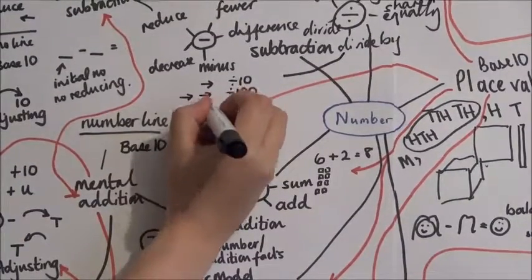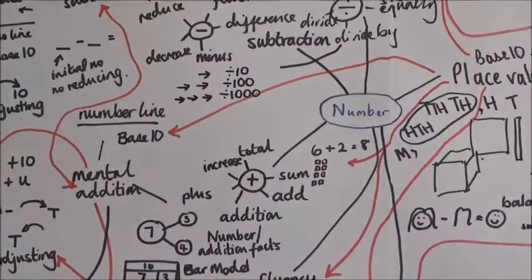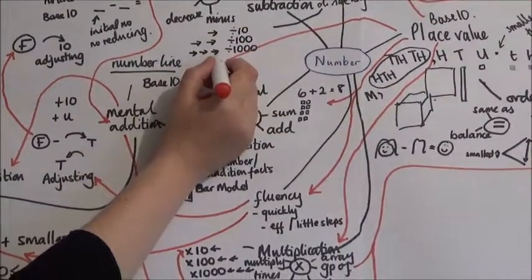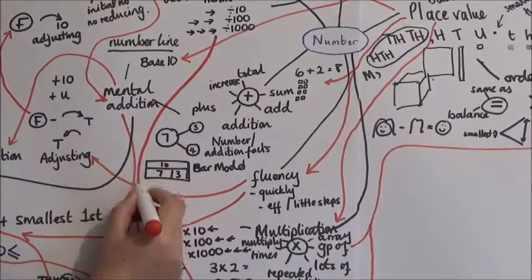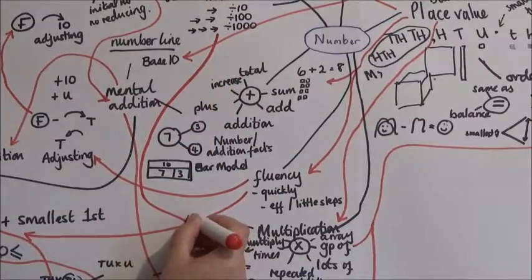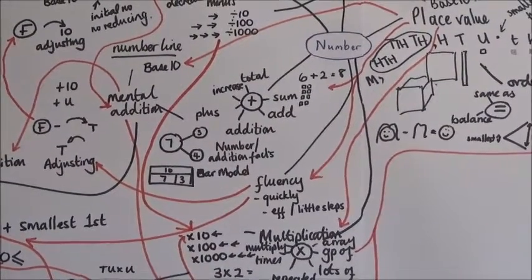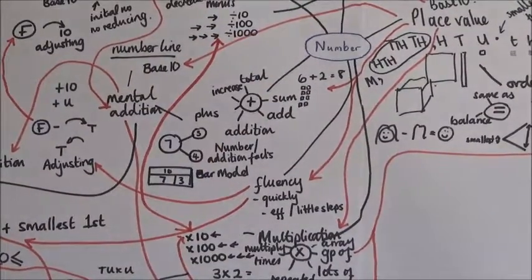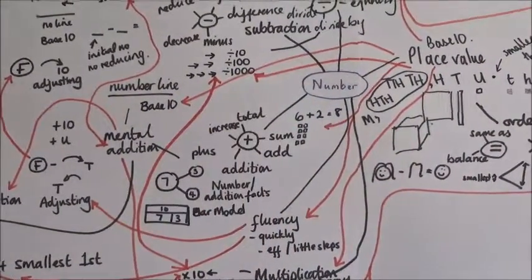And when we were dividing by 1000, we did it 3 times. Okay. Now this links. We go all the way down around here, exactly the same understanding as timesing by 10, 100 and 1000. And it also links to our place value because we needed to use our place value position understanding in order to do it.